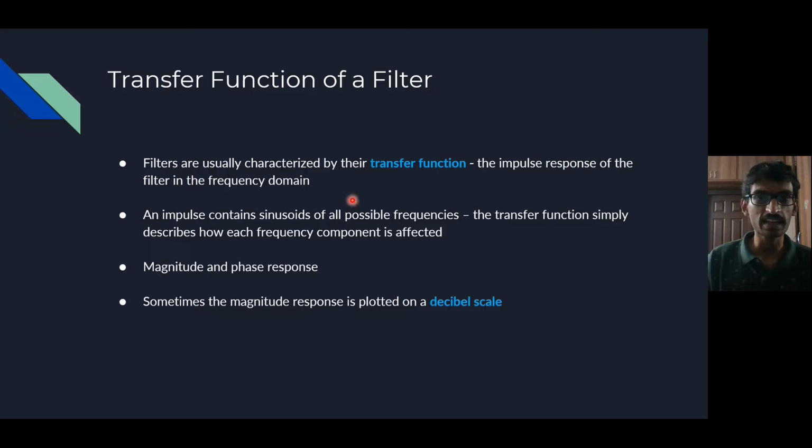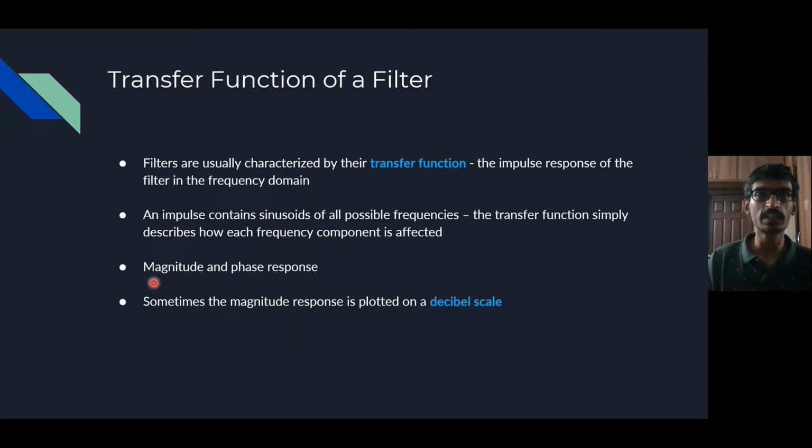Normally, filters are characterized by their transfer function, which is nothing but the impulse response of the filter in the frequency domain. Remember that an impulse contains sinusoids of all possible frequencies, and hence the transfer function will describe how each frequency component in a signal will be affected. So from the transfer function of a filter, you can determine its magnitude and phase response.